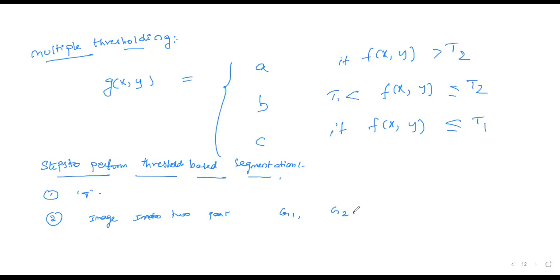Now we have to compute the mean of intensity values. Calculate the mean of intensity values of G1 and G2. Notate with M1 and M2 respectively.